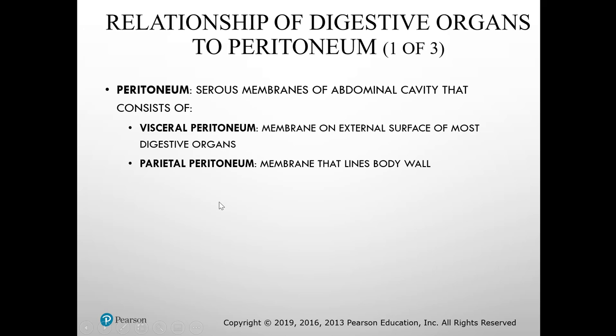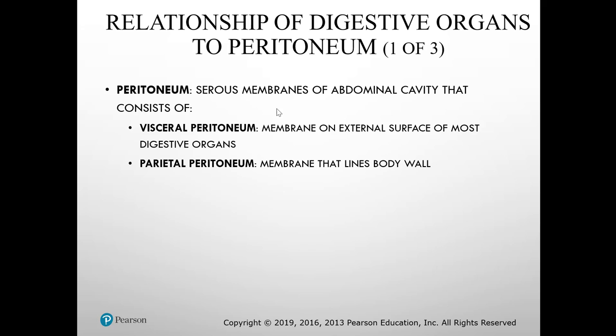The visceral peritoneum extends membranes that connect to the digestive organs, and you call them the mesenteries, and the omentum, that hold these organs together.